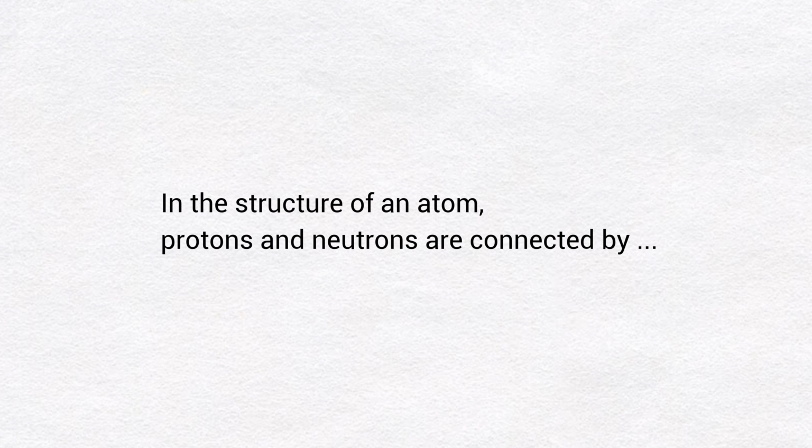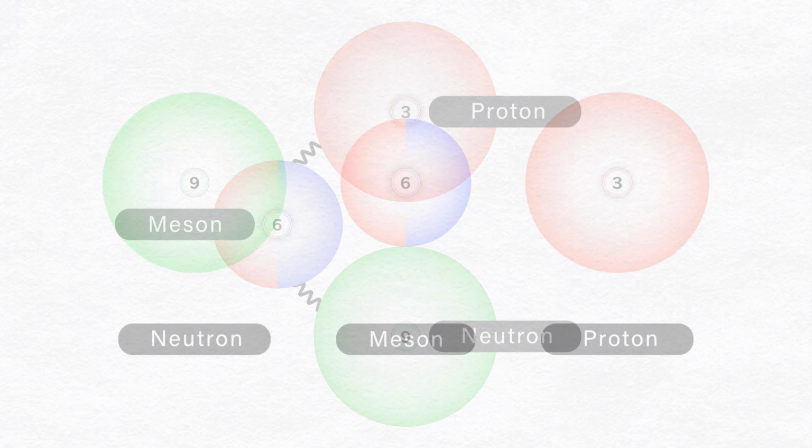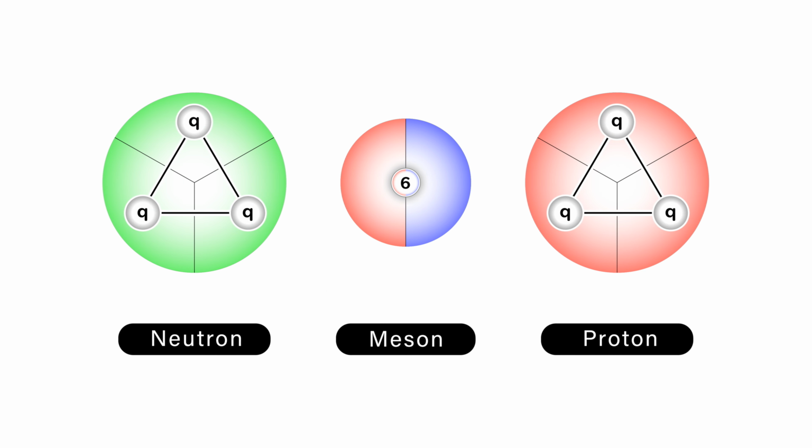The nuclear force. In the structure of an atom, protons and neutrons are connected by the function of meson, and it is called the nuclear force. A neutron, as well as a proton, is made of 3 quarks. On the other hand, a meson is made of 1 quark and 1 antiquark, and it represents the quality of ambivert.